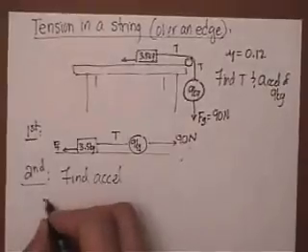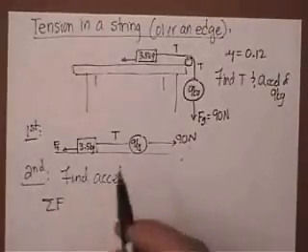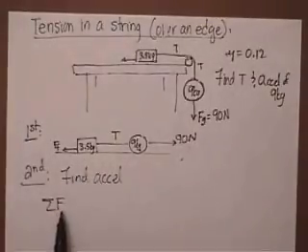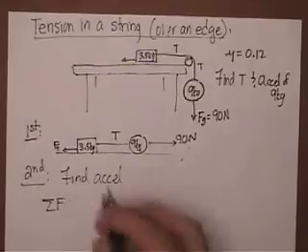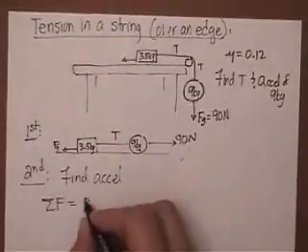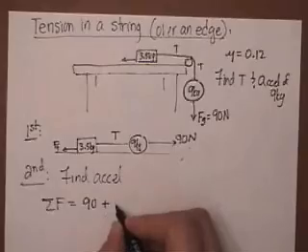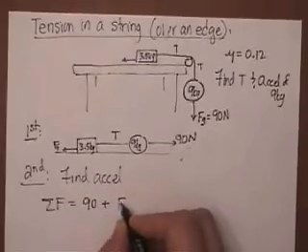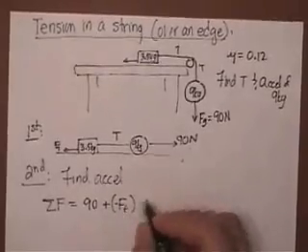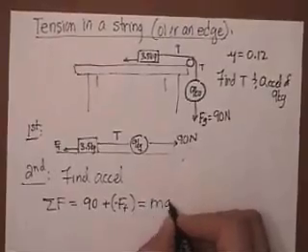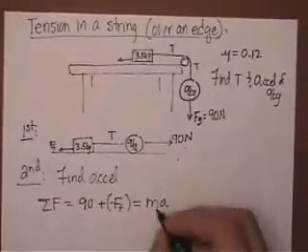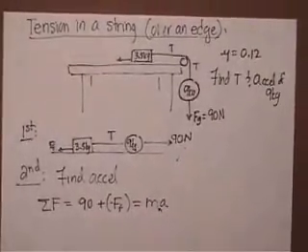So let's take my sum of my forces on this situation. I'm not going to call it sum of Fx. I'm just going to say my sum of forces. It's going to be equal to 90, added to my force of friction, which is going to be in the negative direction, and that's going to be equal to mass times acceleration. Mass net times acceleration.